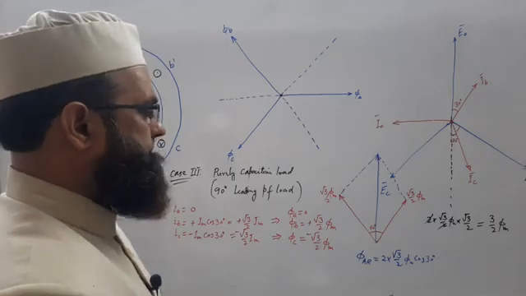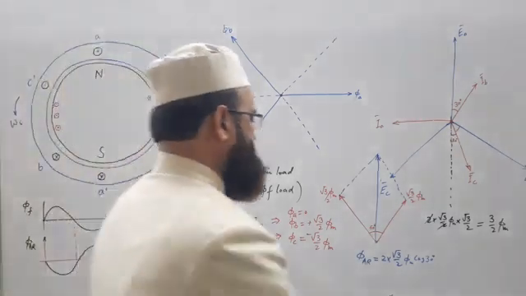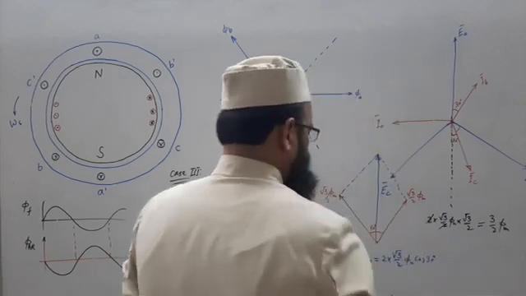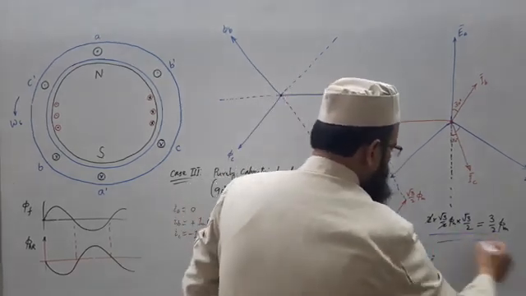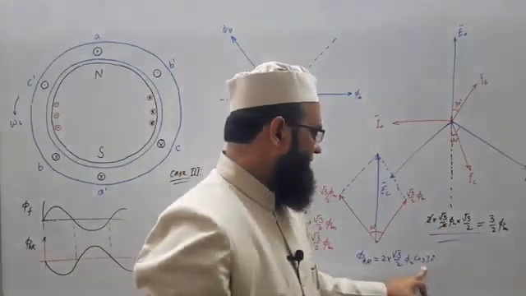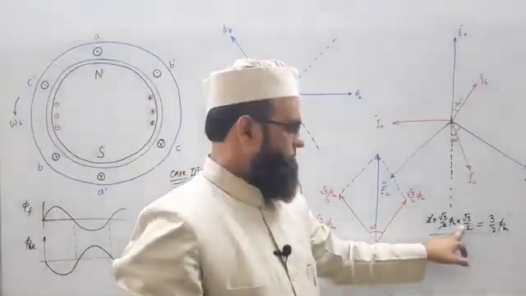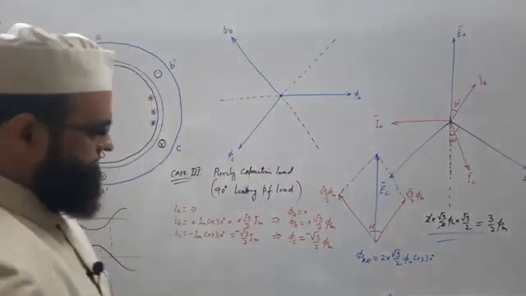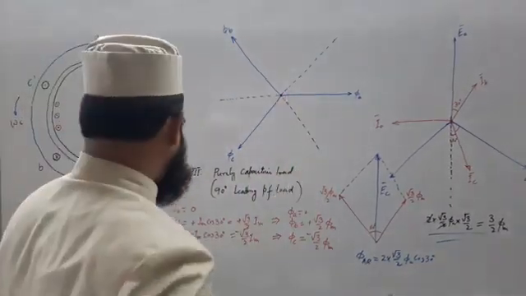Cosine of 30 degree is root 3 by 2. You can check it: 2 times root 3 by 2 phi m, and cosine 30 is root 3 by 2. So 3 by 2 phi m along the vertical direction.